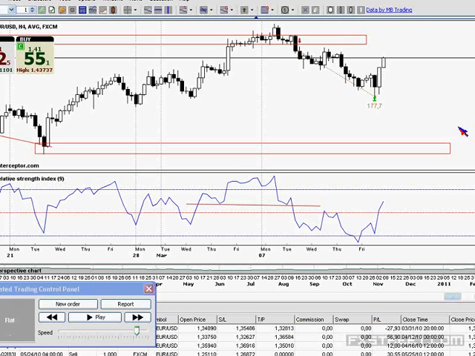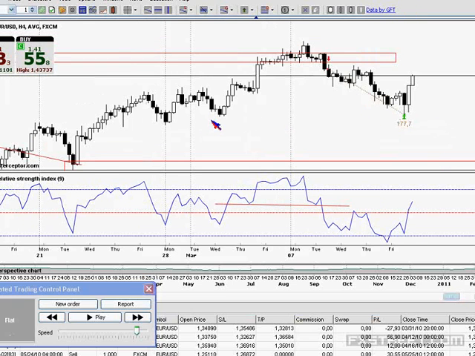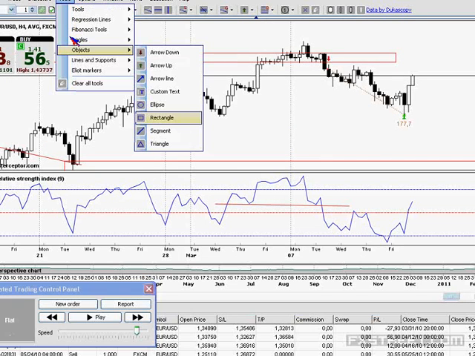So we may choose to enter now long, okay, and protect our position with a stop below the level where we took profits.